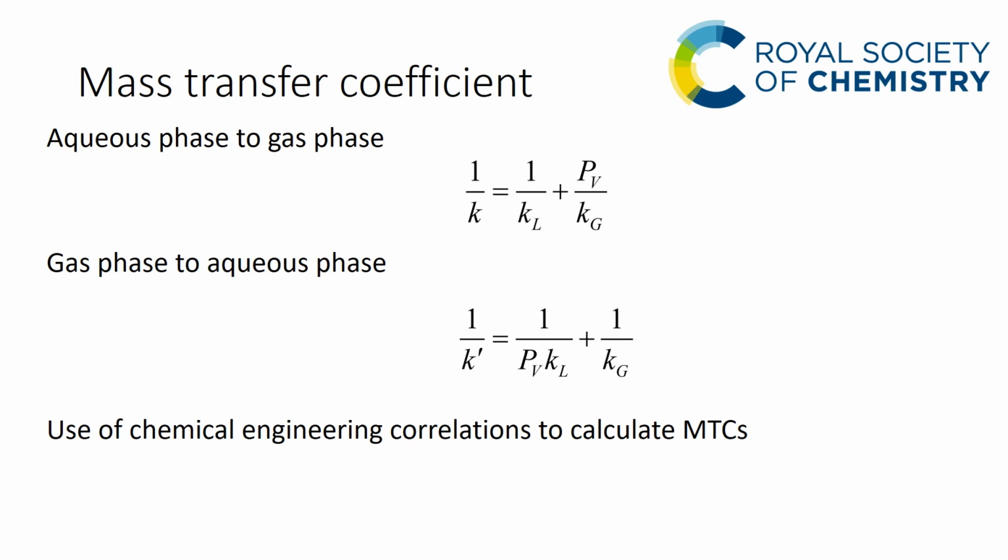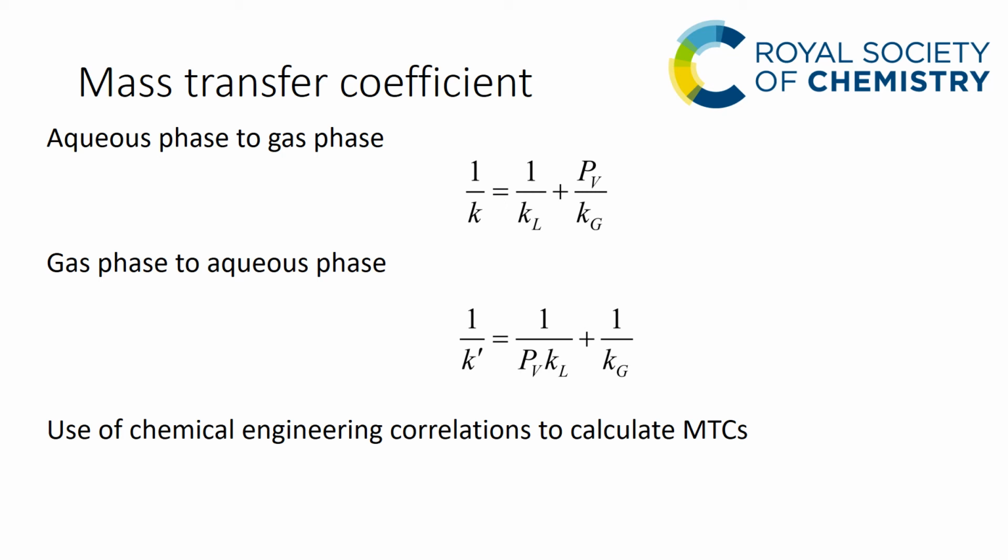Now the mass transfer coefficient is calculated from the aqueous phase or liquid side mass transfer coefficient and the gas side, and these are derived from simple boundary layer theory, but the result is different if you're going from aqueous phase to gas phase, or from gas phase to aqueous phase. You can see that the equations are slightly different, and they just differ by a factor of PV, in fact.